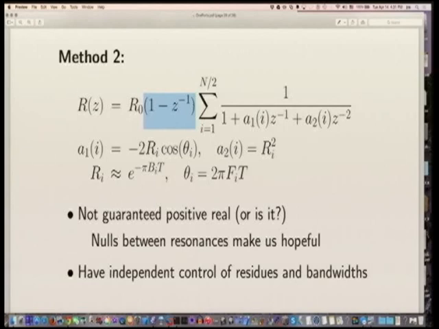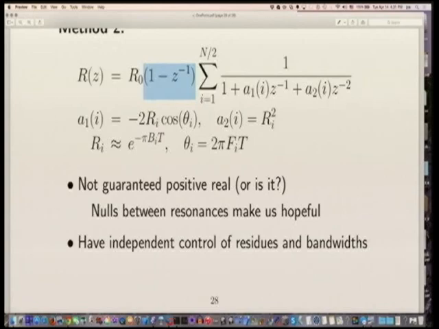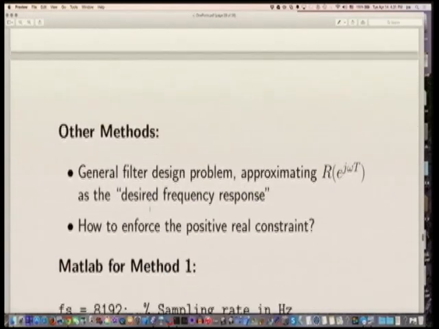Because that interlaces. So we have a negative frequency pole, a 0 at DC, and a positive frequency pole. So that looks like it should be okay. And then we can control the bandwidth and center frequency, and we have to check to make sure that it's positive real. But it gives us more control.